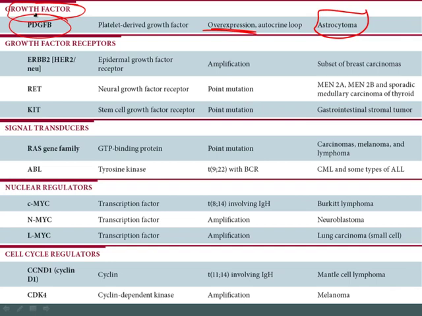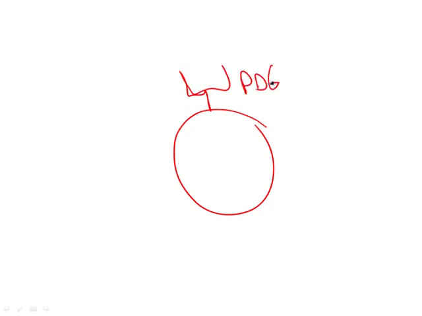So let me do this via illustration. Let's pretend that this is an astrocyte, and that this astrocyte simply has a platelet-derived growth factor receptor. Normally, when platelet-derived growth factor binds the receptor, the astrocyte then divides.